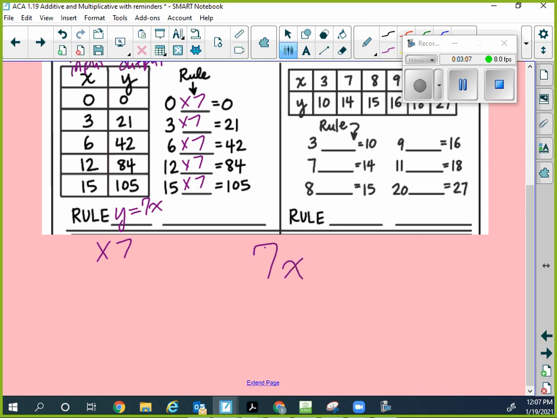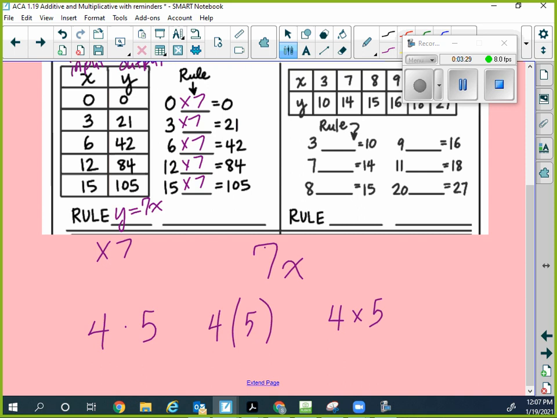7X. Okay? If you'll remember way back, way like September, when we talked about different ways to write multiplication. Remember, we said we could do 4 times 5 with a dot, we could do 4 times 5 with the parentheses, we could do 4 times 5 like elementary, remember all that?